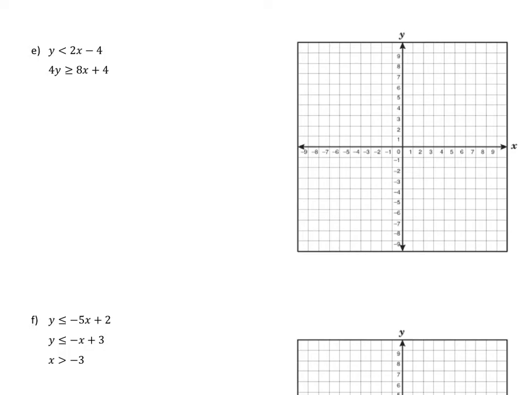Letter E. Our first inequality is solved for us already, so I know this is going to be a dotted line, and y is less than, so it's shaded down. Our slope is 2/1. Our y-intercept is -4.